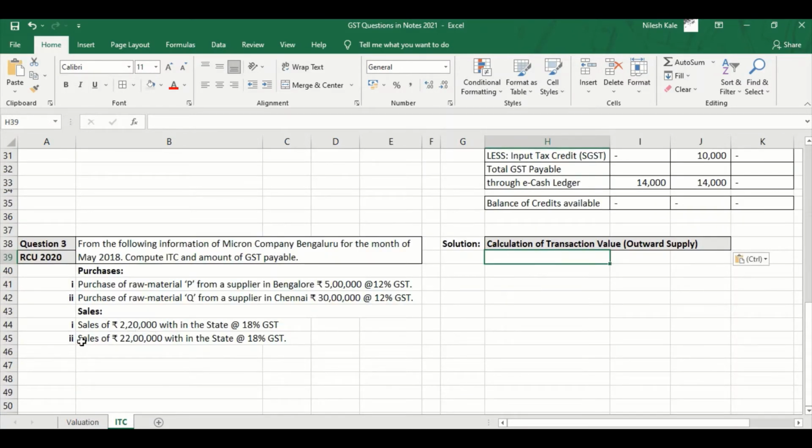Okay, let us see. Outward supply is sales of rupees 2,20,000 within the state, that is CGST plus SGST will be applicable within the state at 18% GST. So let us start solving this. Sales rupees 2,20,000 into 18%.